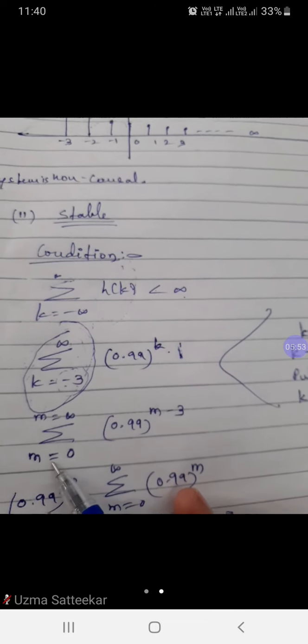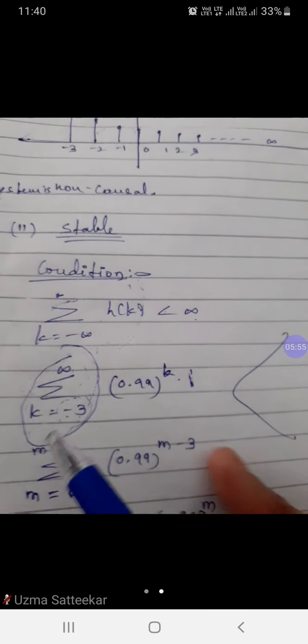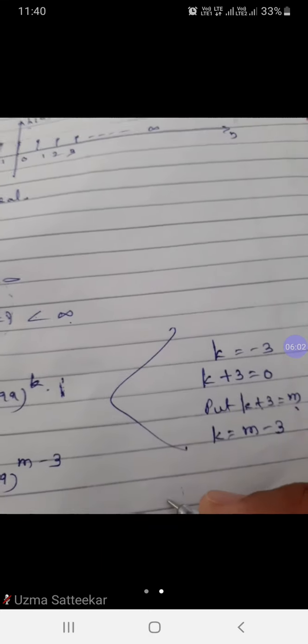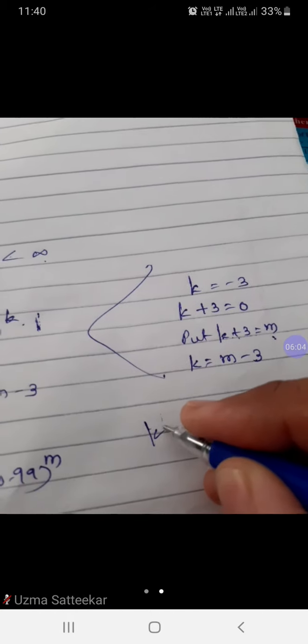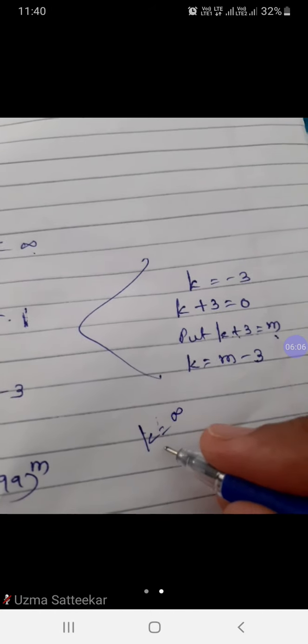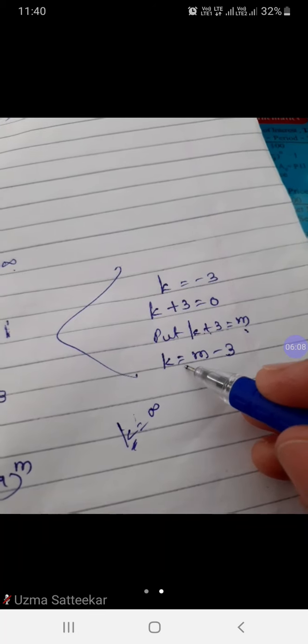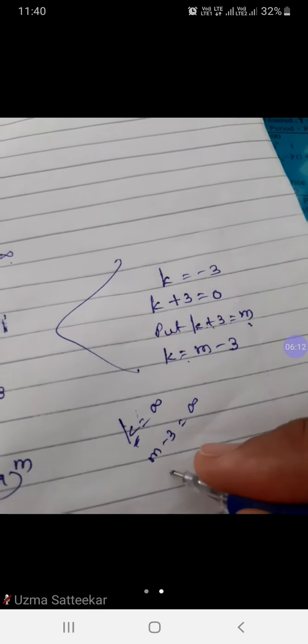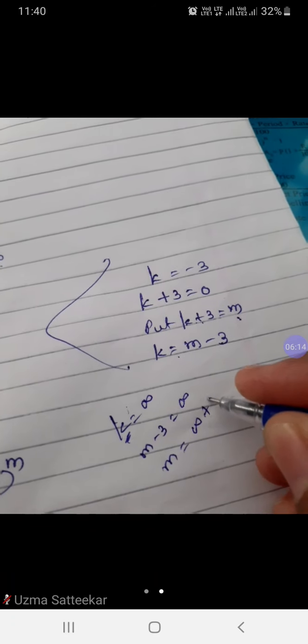So your sum will be from m is equal to 0 to, I have directly written here, m is equal to infinity. In fact, what happens here is, we have k is equal to infinity as the upper limit. If I substitute k as m minus 3 is equal to infinity, m is equal to infinity plus 3.